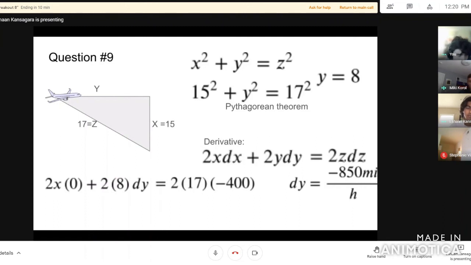And you know y equals 8, so plug in that, and z equals 17, and dz is given as negative 400. And you can solve for dy, and you get negative 850 miles per hour. So you know that y is changing to the right by negative 850 miles per hour.